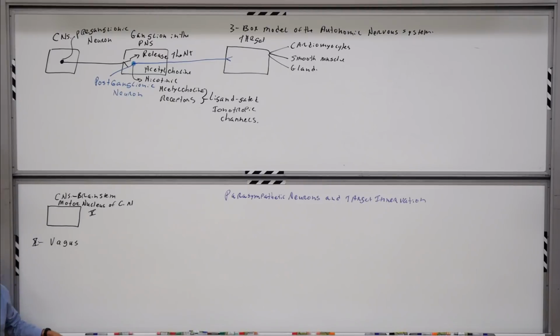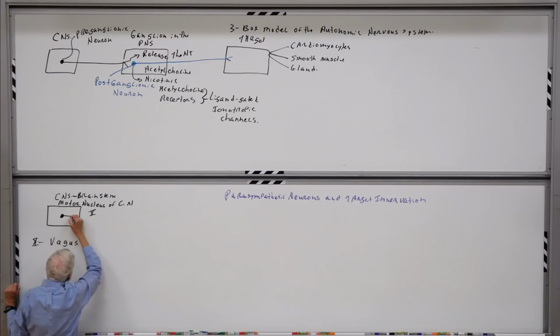And in this case, the vagus is really a good descriptor because the vagus comes out of the Latin. It means vagrant. It's basically the wanderer. And so the wanderer, these neuronal cell bodies here, whose cell bodies are restricted to the brainstem, these neurons send processes out into the periphery.